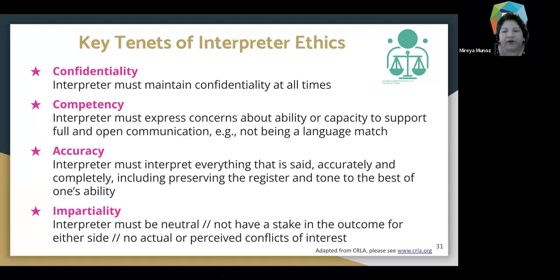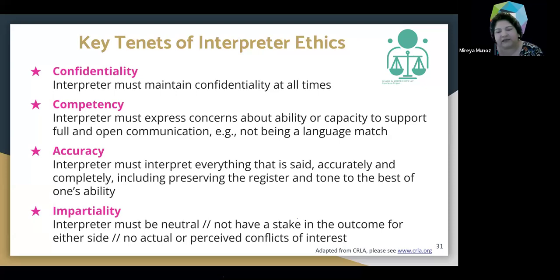They know that they have to maintain a level of competency, as I mentioned earlier, right? Professionalism as well. They know that they have to maintain the accuracy of the message. They can't add anything, they can't omit anything, they can't change that message. They also have to maintain the tone and the spirit, because all that has meaning, right? They also have to remain impartial and neutral. They have no stake in the outcome.